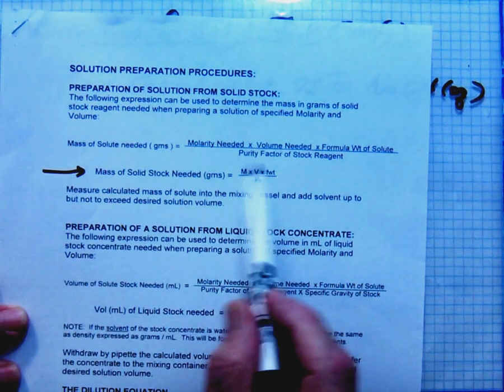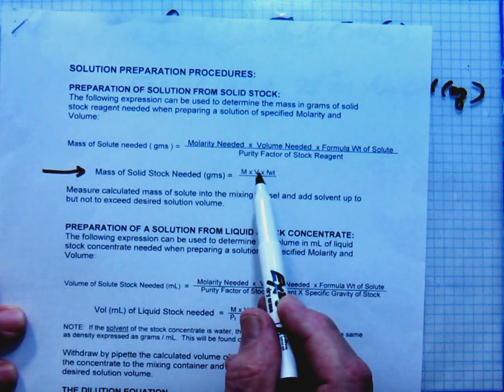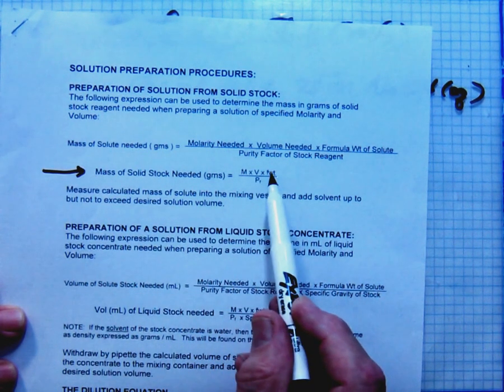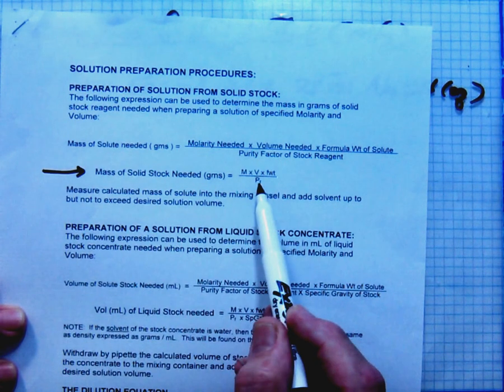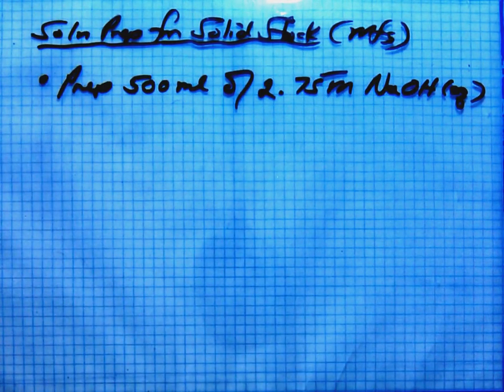And here's a little formula over here. M stands for the molarity you want, V is the volume, formula weight of the solute, and the purity factor. Because when you get a reagent from a manufacturer, it'll have an assay label on the side of the bottle, and it'll say purity on it. Typically, sodium hydroxide, being hygroscopic, meaning it absorbs water, comes about 98% active. And we express that purity factor as a decimal fraction.